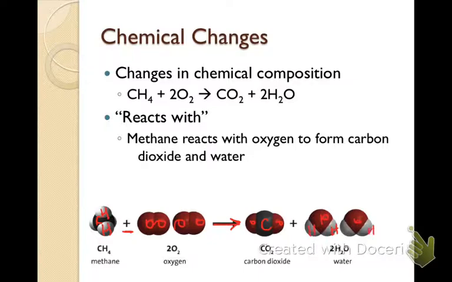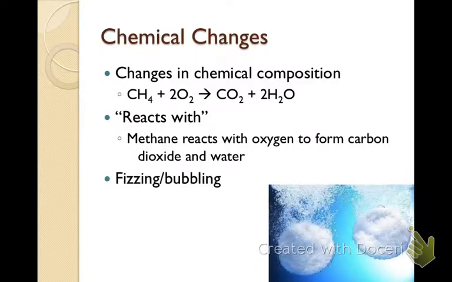So those are the particle diagrams. You see from the left to the right hand side, before that C was paired up with the H, now it's paired up with the oxygen. So the chemical composition has changed, meaning that these elements are combining with different elements in there. You might also see fizzing or bubbling as some examples of chemical changes.